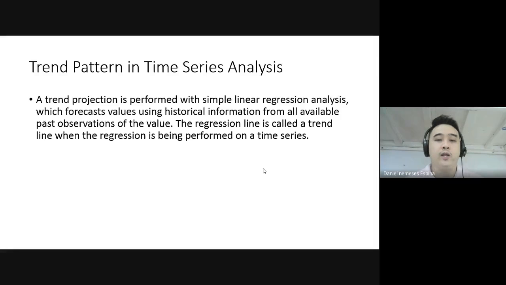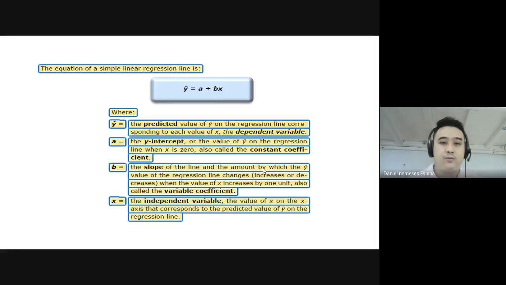The regression line is called a trend when the regression is being performed on a time series. Didn't I request you to download annual reports, and then look at their sales? So we're trying to look at the pattern.